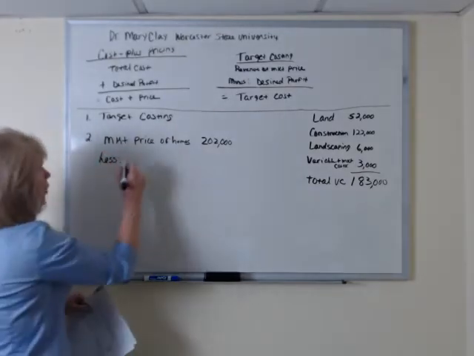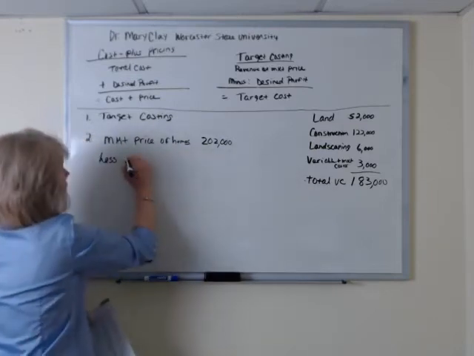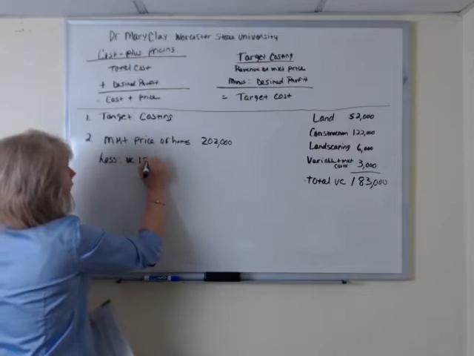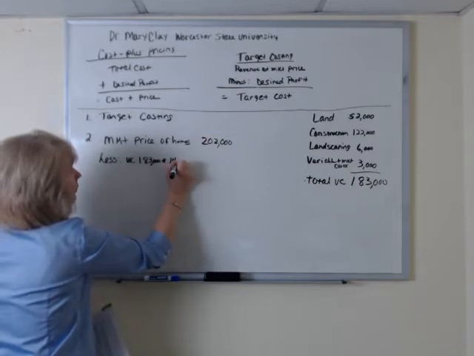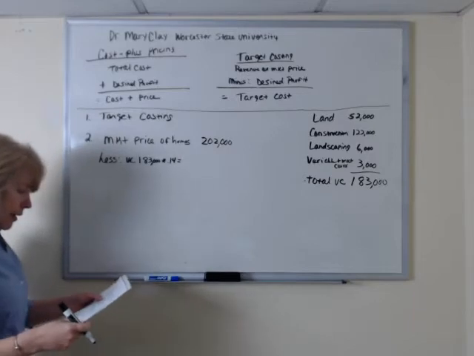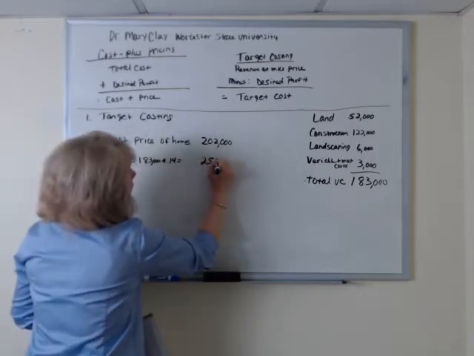So the target profit, I'm going to take my variable costs, 183,000, and I'm going to multiply that by 14%. I like decimals, all right? And that gives me 25,620.